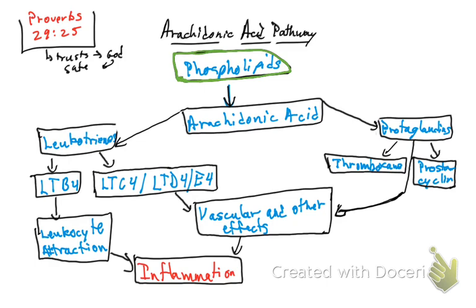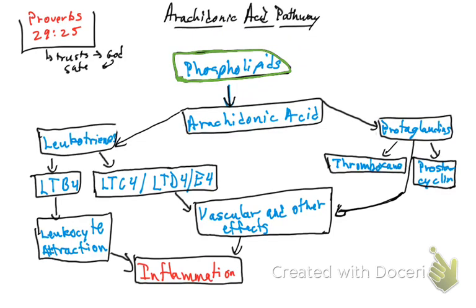For example, if you use a medication that acts from phospholipid to arachidonic acid, that one is going to be, for example, the glucocorticoids. So here, from phospholipid to arachidonic acid, is where the glucocorticoids act.